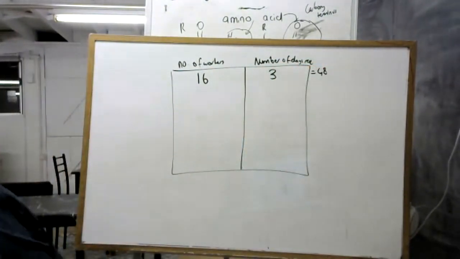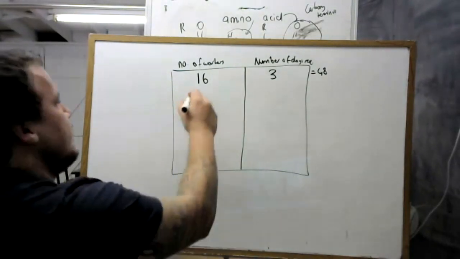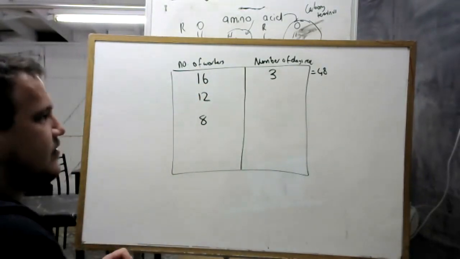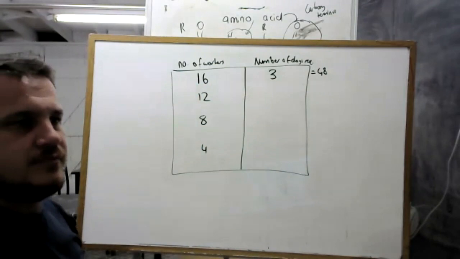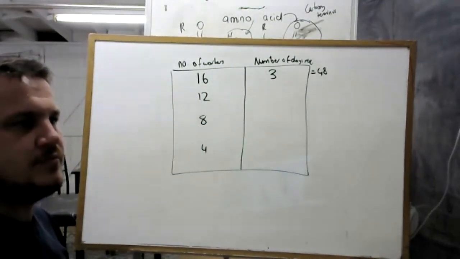So what if we went to 12 workers? Say we reduce the number of workers by 25% each term. So 12, 8. Would it be 20?